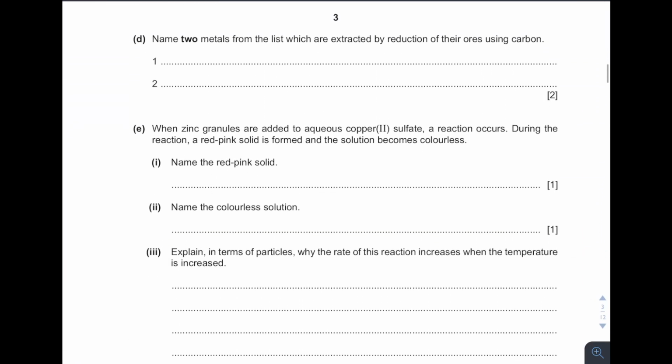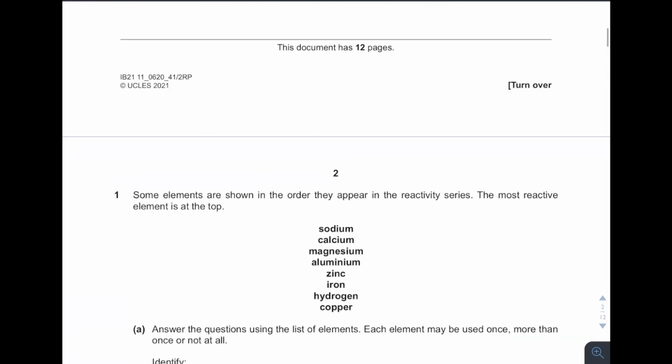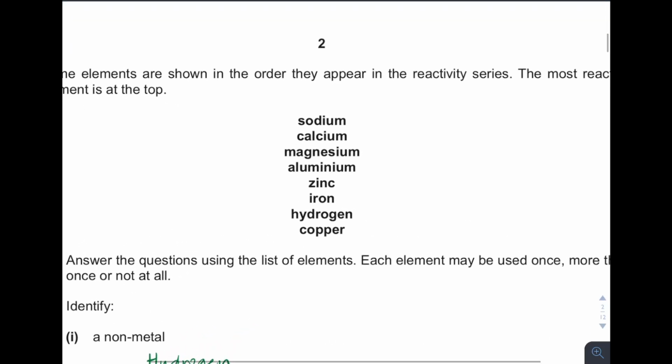Okay, next page. Name 2 metals from the list which are extracted by reduction of their ore using carbon. So it can get extracted by reduction with carbon, which means these metals have to be less reactive than carbon. Where is the position of carbon?